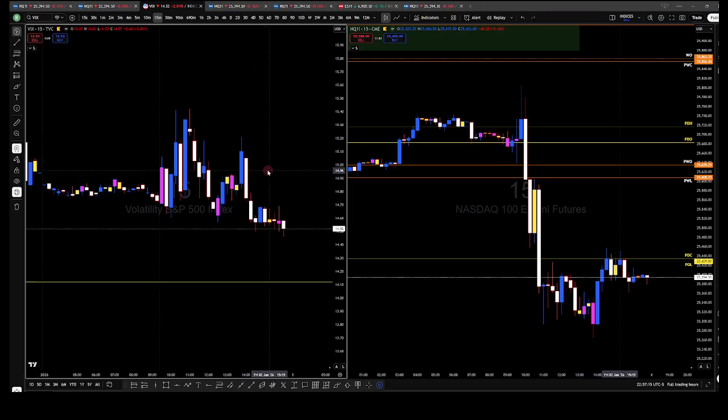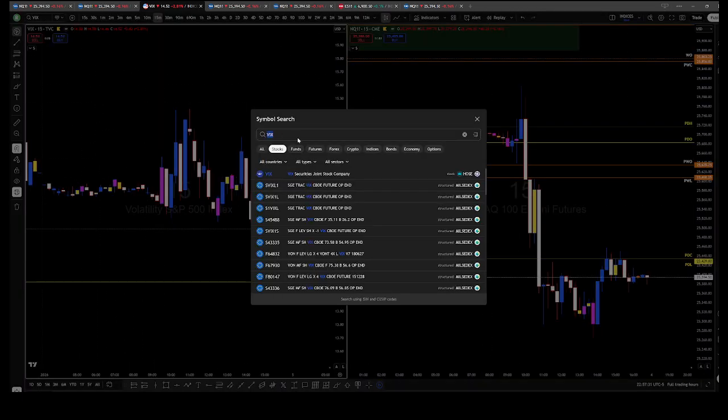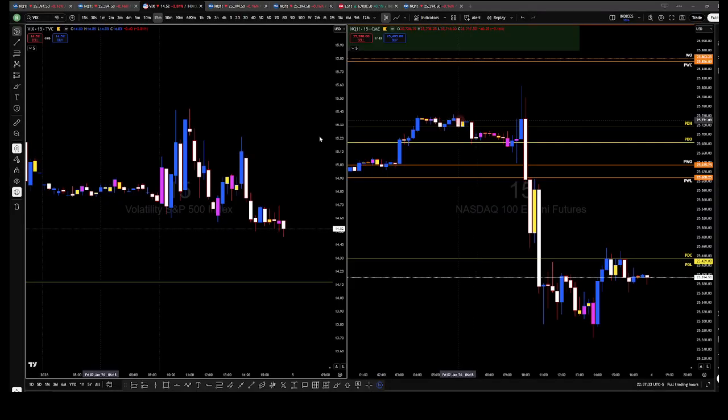So we have to check multiple factors when we are day trading. Otherwise, we're gonna fail, and it's gonna be very difficult to understand the moves.